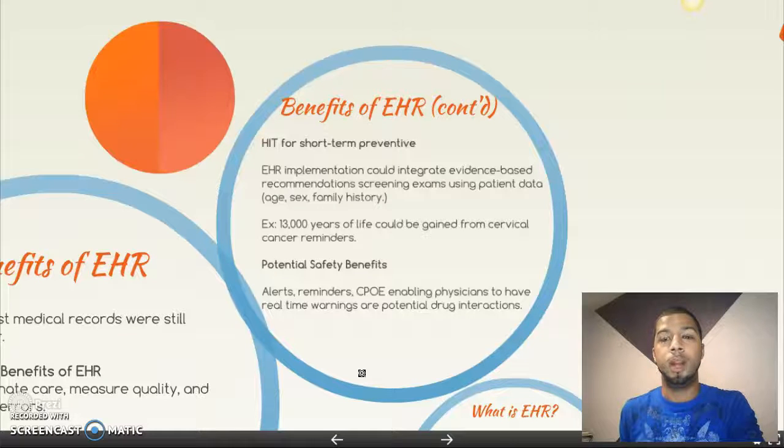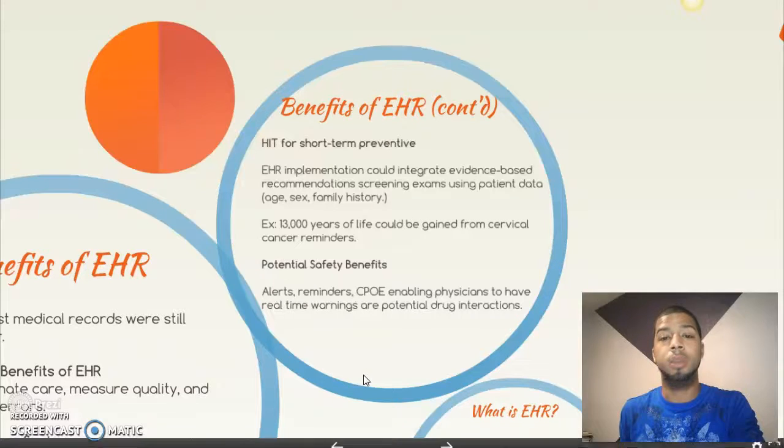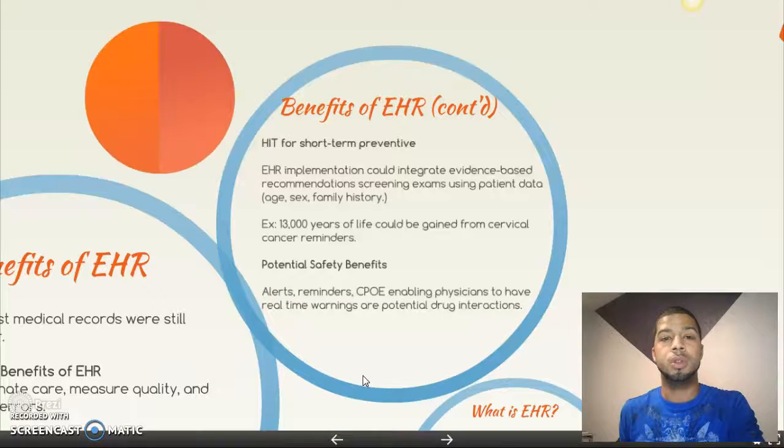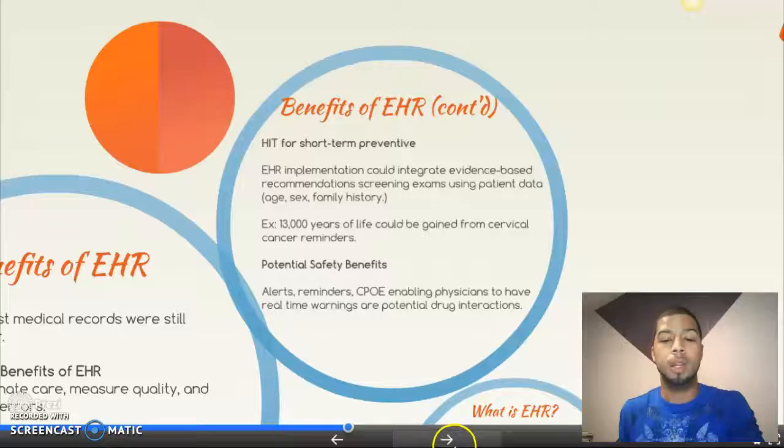And a lot of times drug interactions are things that could be prevented by having those reminders or alerts, essentially saving both the patient harm and costs, as well as the provider, avoiding any potential malpractice, and also reducing actual costs for them as well. And ultimately, the most important thing is the patient's quality care. So that also helps with that, avoiding any unnecessary interactions and procedures.